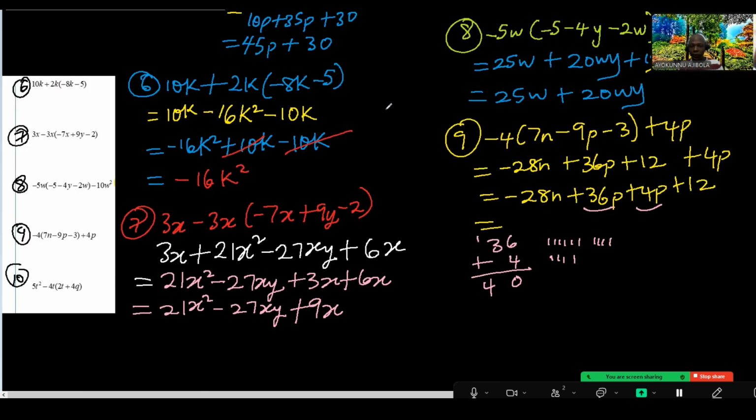Okay. So we were on number 9 before you lost the network. Not your device network, but the communication network. You were not willing to communicate. So 36 plus 4 equals what? 40.